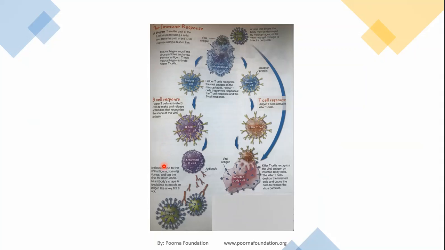The B cell response makes the B cell make antibodies, and then it becomes activated, which clumps up the virus by attaching to its antigens and connecting to each other, so the macrophage can destroy it. While the T cell response starts the killer T cells to eventually disable and kill the infected body cells.